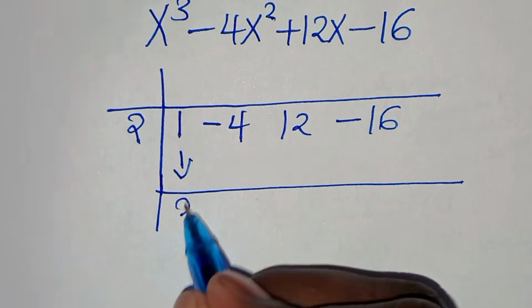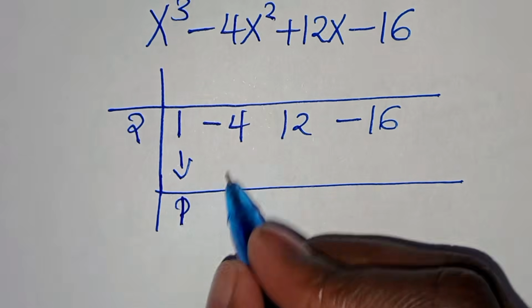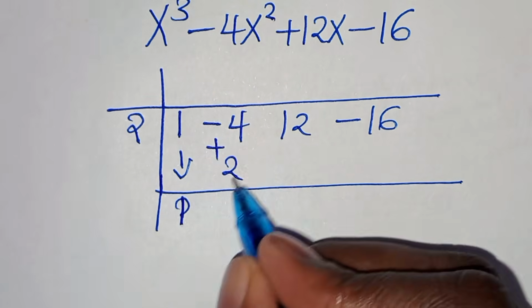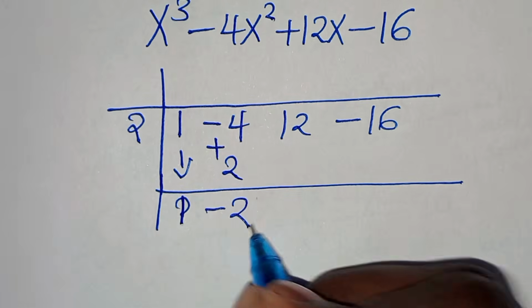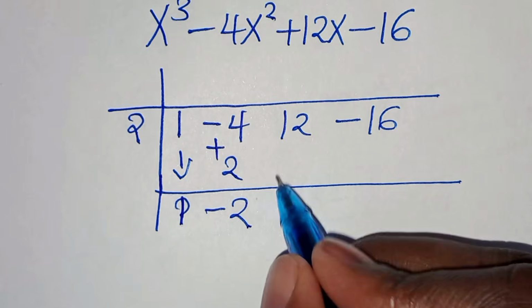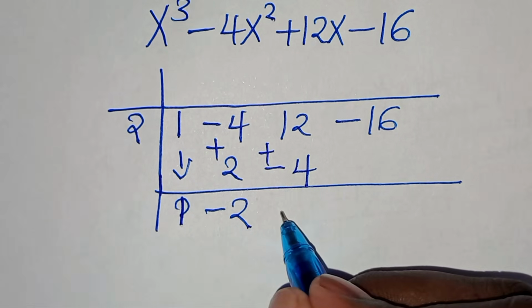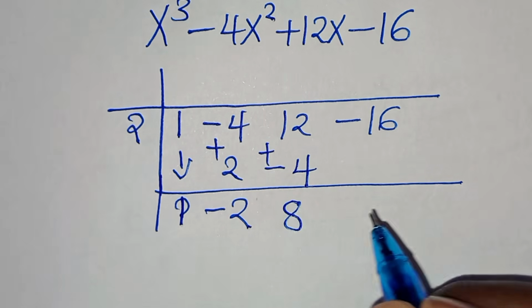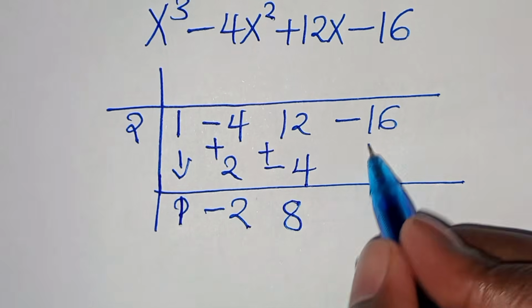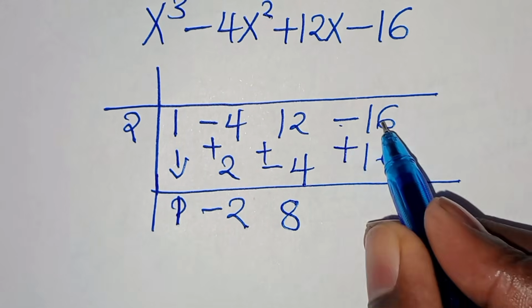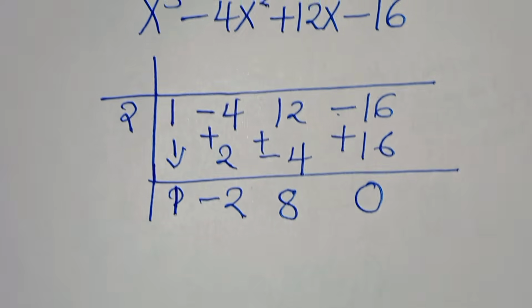So here we have 1 times 2, this is 2. Minus 4 plus 2, this is minus 2. 2 times minus 2, this is minus 4. 12 plus minus 4 is equal to 8. Then 8 times 2, this is 16. Minus 16 plus 16 is equal to 0.